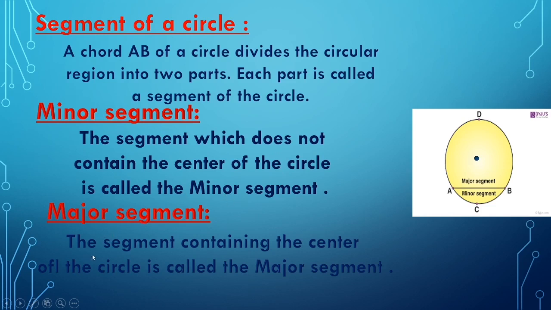Major segment. The segment containing the center of the circle is called the major segment. Here we can see this segment is having the center, so this segment is called the major segment, whereas this segment is not having the center, so this segment is called the minor segment.